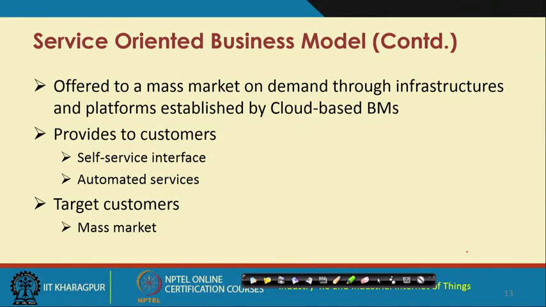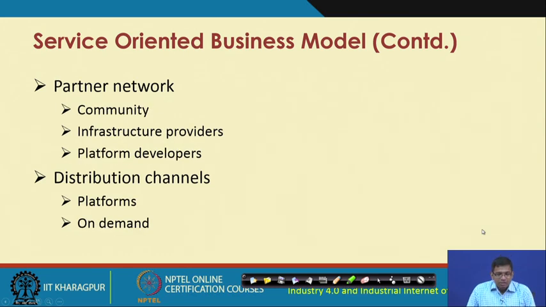So, the customers are provided self service interfaces, automated services and so on, and as I was telling you, the target customers are basically the mass markets, but not necessarily so. So, partner network is very important.